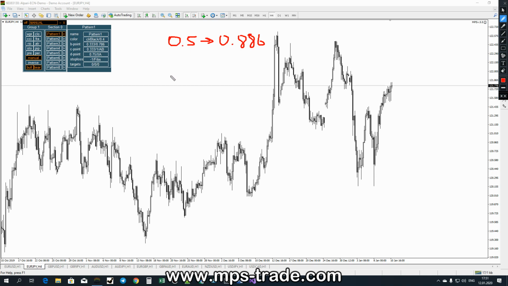And some traders may switch them based on Fibonacci, 0.382 to 0.5, 0.5 to 0.618, 0.618 to 0.786, 0.786 to 0.886, and so on. So there are many ways of graduating what can be possible B points and what can be possible C points.